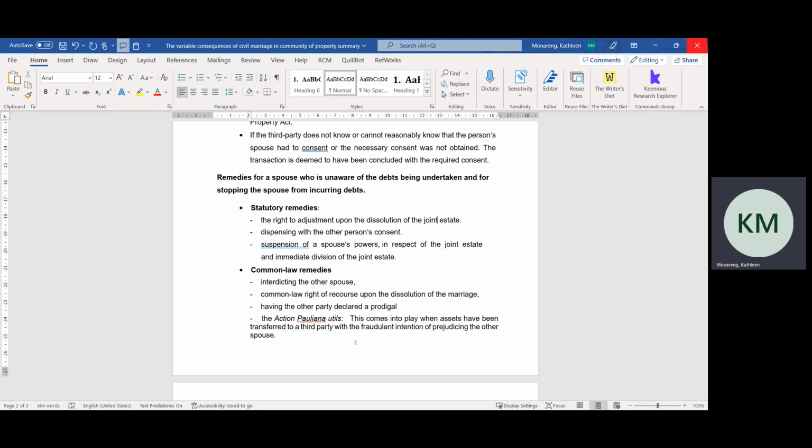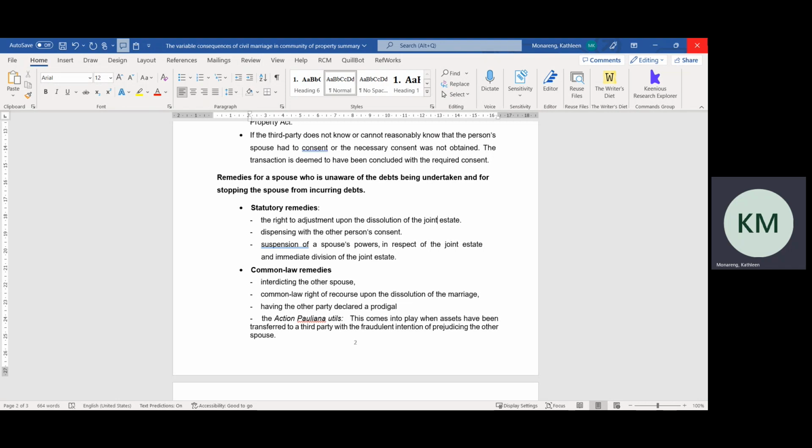Secondly, he has the right to request the court to stop the other spouse from giving consent without the other spouse having to also consent.